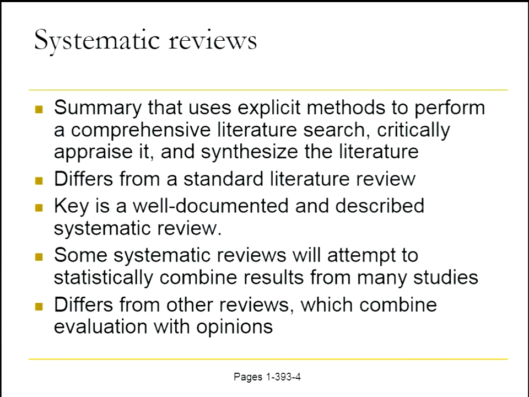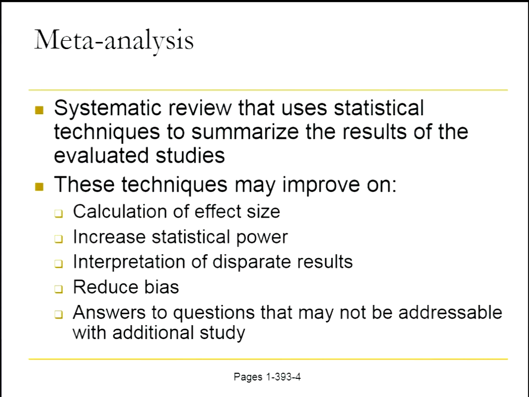Now, of course, some of these systematic reviews will attempt to statistically combine the results of all these studies, and that's the second piece of what we'll talk about, aka a meta-analysis. Again, these types of reviews differ from other reviews in ways we'll discuss. So meta-analyses use statistics in this systematic review to improve upon calculation of an effect size.